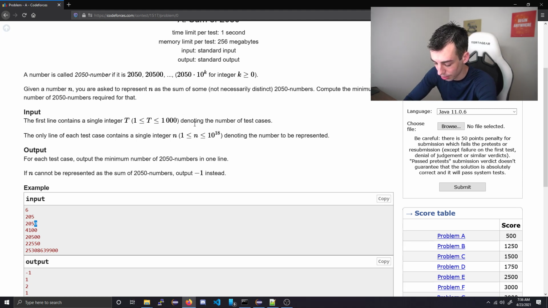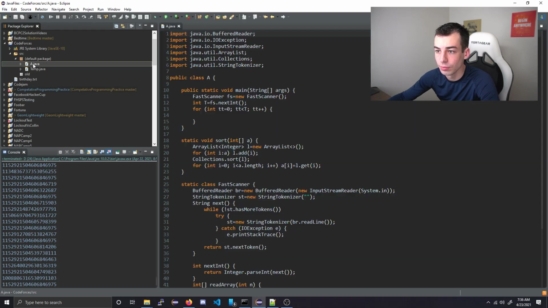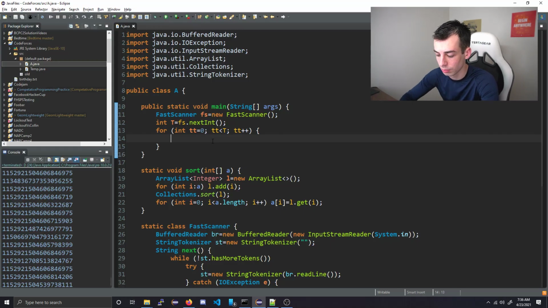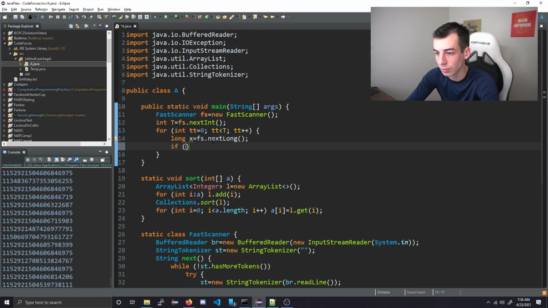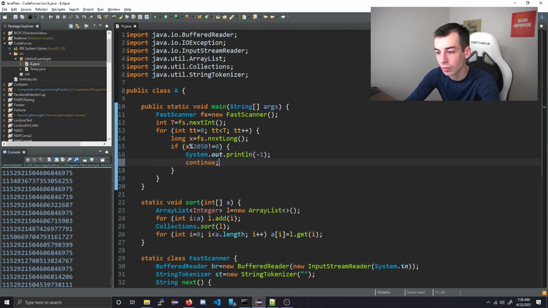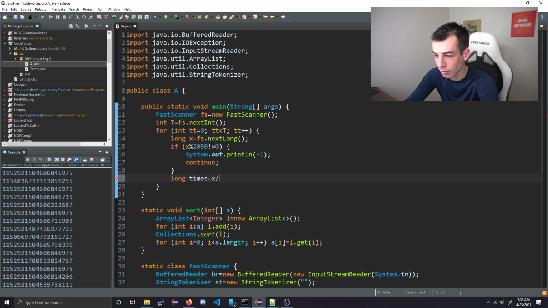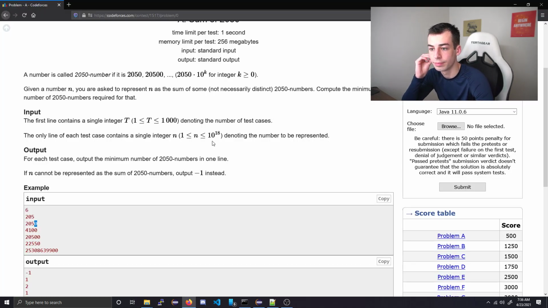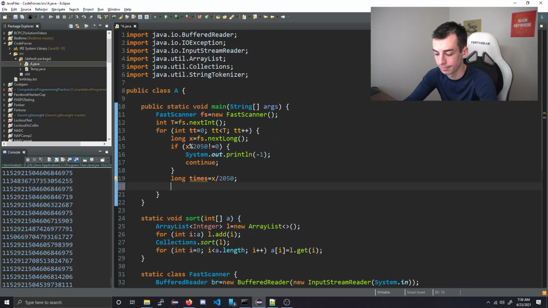Otherwise, it's x over 2050. And then we take the sum of the digits.